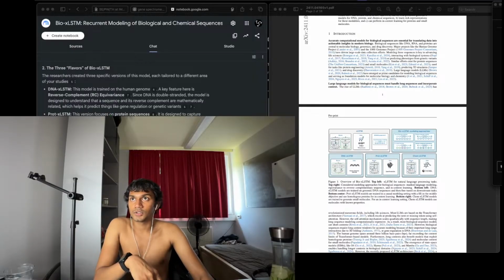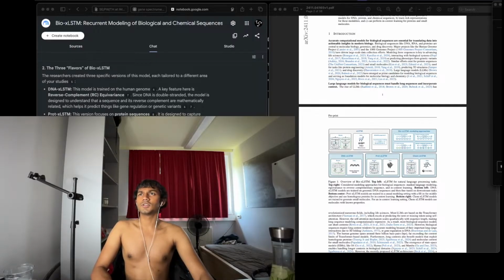This version focuses on protein sequences. It is designed to capture long-range dependencies, which is crucial because in biochemistry you know that amino acids far apart in a sequence can interact when a protein folds into a 3D shape.